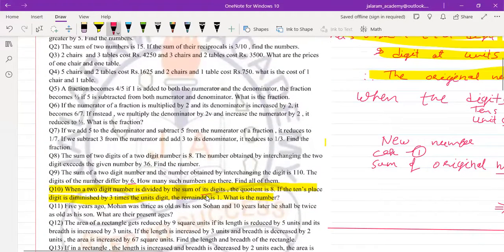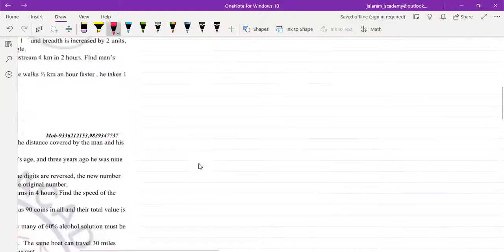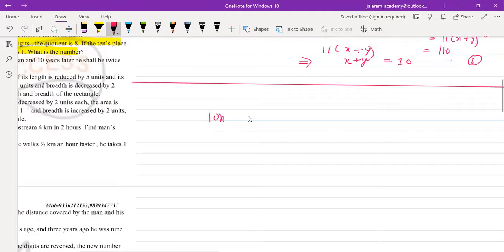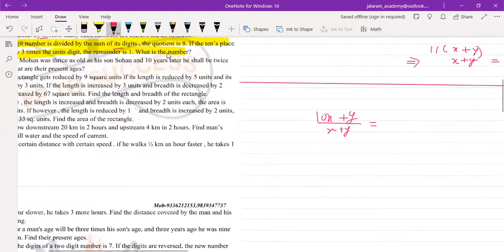When it is divided by the sum of digits, that is x plus y, so when 10x plus y is divided by x plus y, the quotient, that is the result on dividing, is 8. So cross multiply it to get one of the equations: 10x minus 8x is 2x, 8y minus y is 7y, as equation number 1.